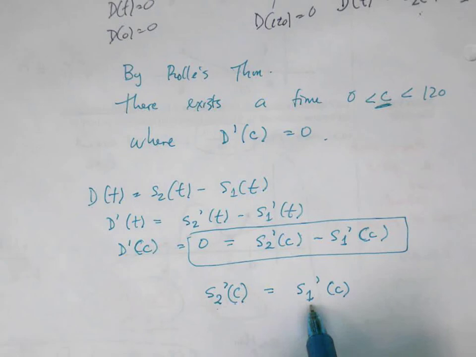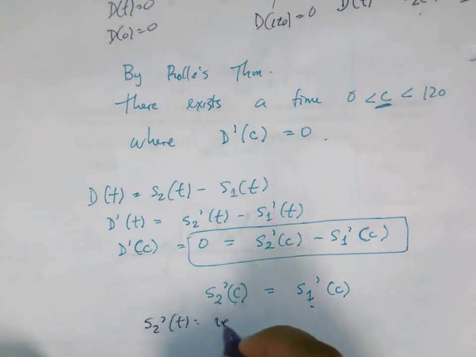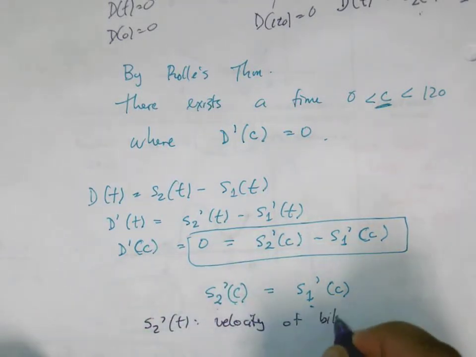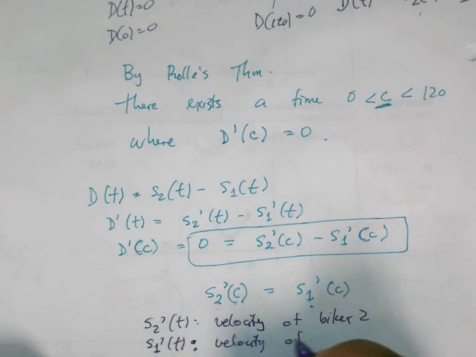So we can finish out by saying, well, really, s2 prime of t is the velocity of biker 2, and s1 prime of t is the velocity of biker 1.